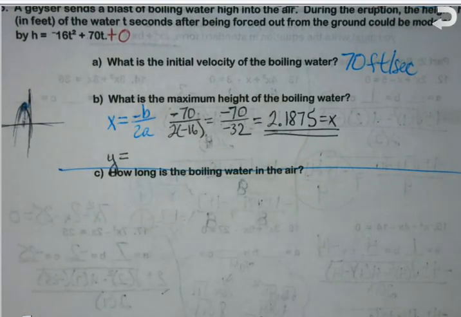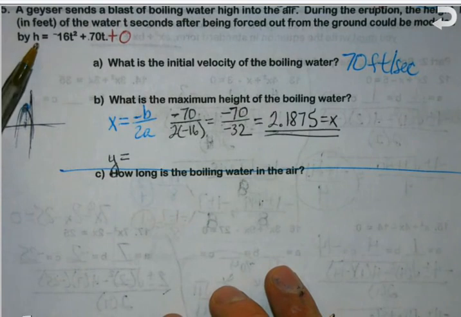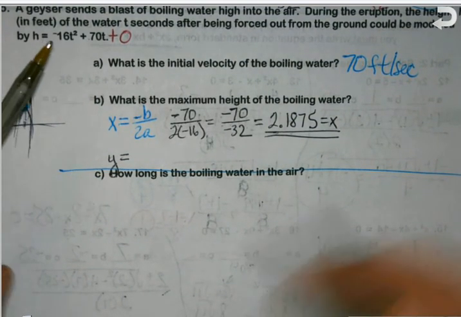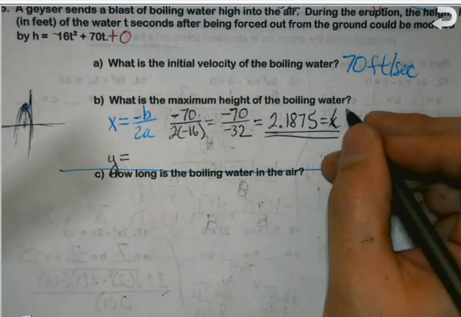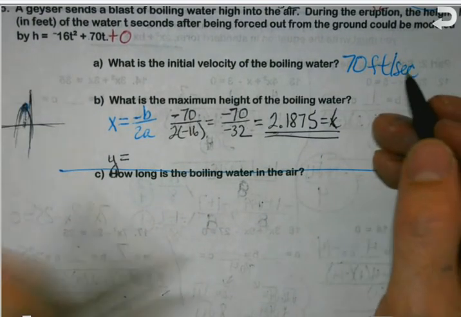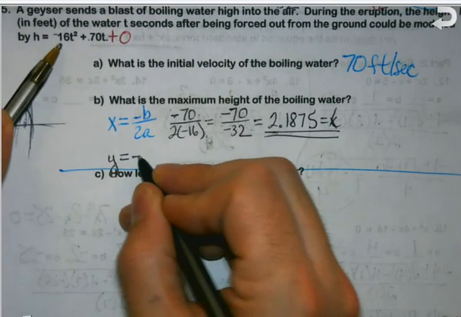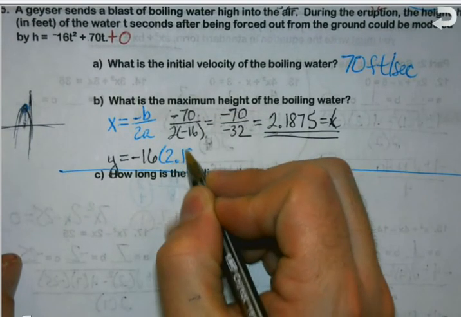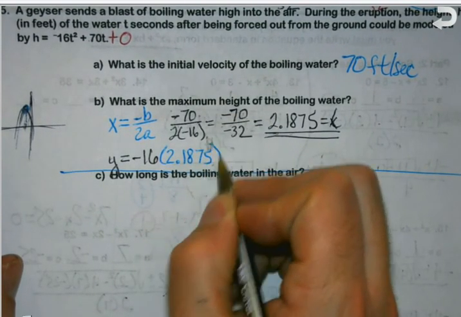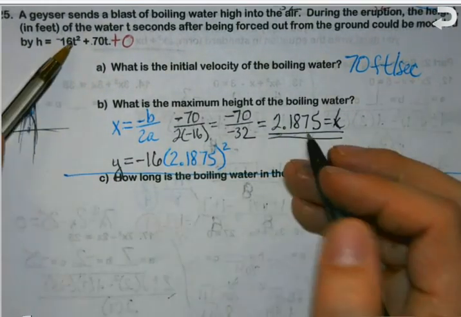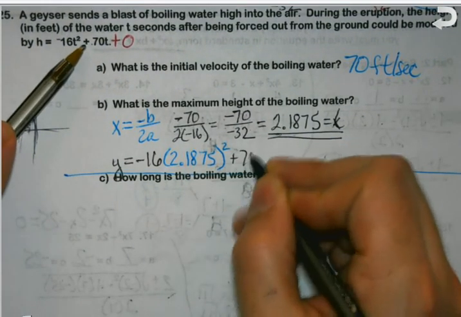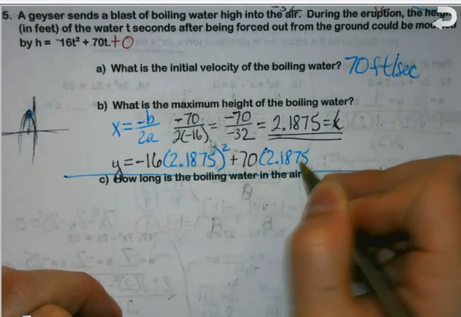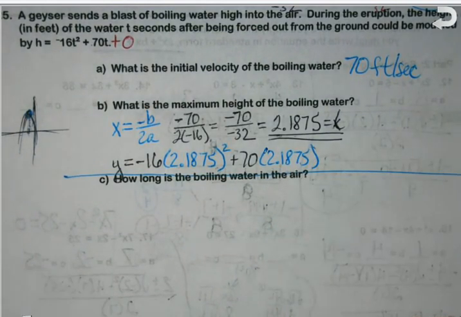Y is going to be replaced by what this h is. So now, when I go through here, my x becomes t in this case. So I've got negative 16. Fill in the value you got from the first part for the squared portion, plus 70 times the value I just found.